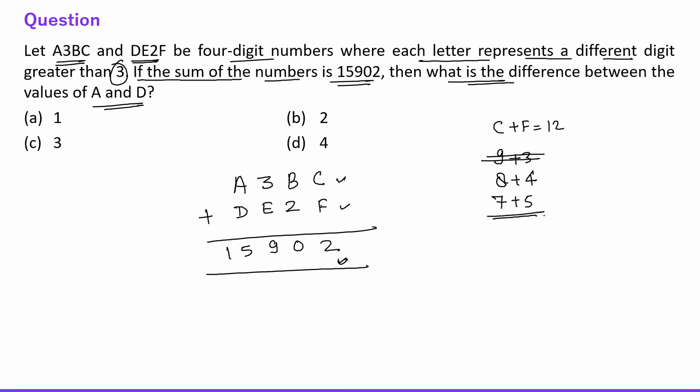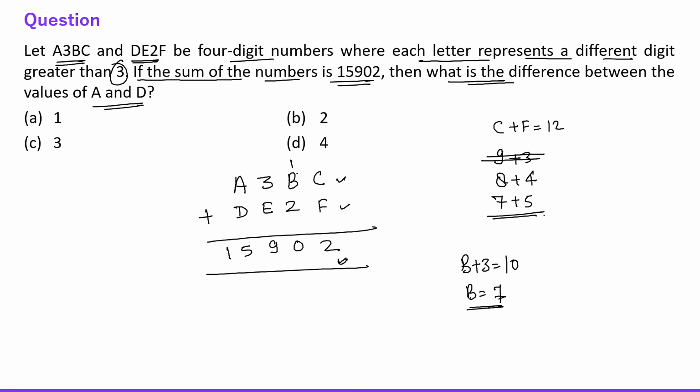Now C plus F is 12, so obviously 1 is going to carry over here. So 1 plus B plus 2, so 1 plus 2 is 3. B plus 3 is 10. It means B must be 7.